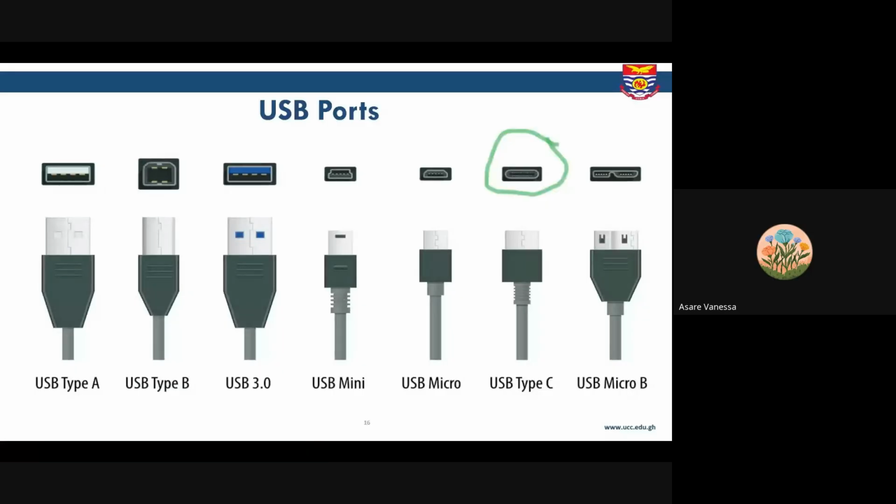The cable. Okay, so getting to internet network is easier than the USB mini. Okay, somebody want to ask something else? Yes, sir. I see. So why is there a movement from the mini or micro to the type C?